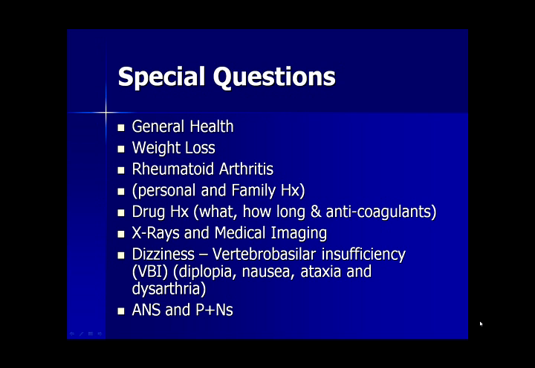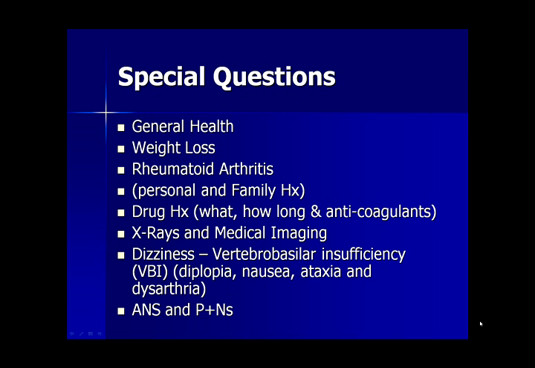A critical component of the subjective examination is the part where you ask about special questions. These are, for example, determining whether there are any red flags. Red flags indicate serious pathology within the patient, and these are really patients that you would not go on to treat if you felt that there was pathology which was outside our scope of practice.